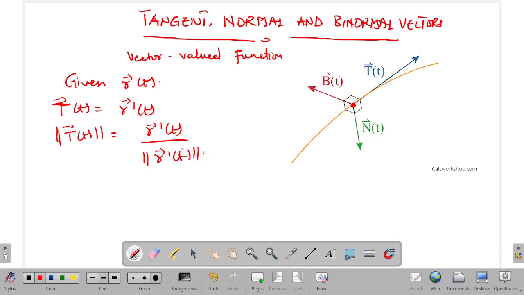So the idea is that when you find a unit tangent vector, it simply nullifies the magnitude. We are interested in the direction of change of a particle moving along a curve. That is what you are trying to see.